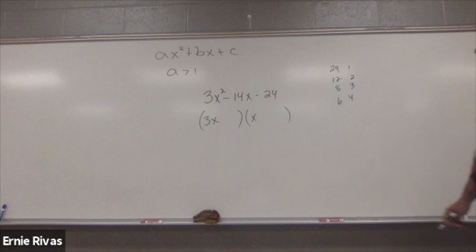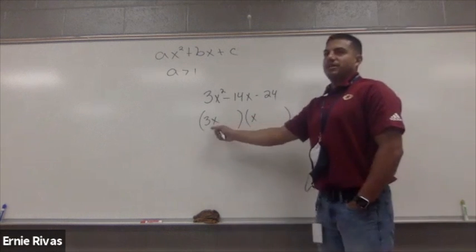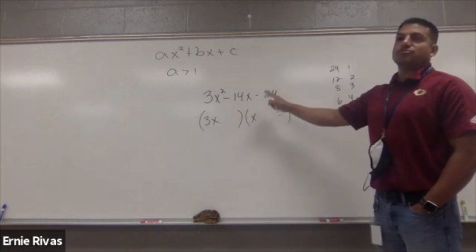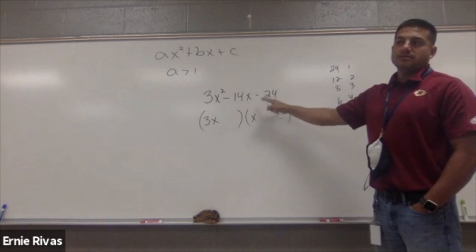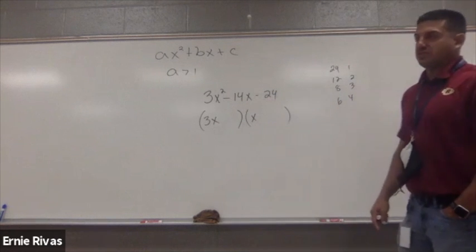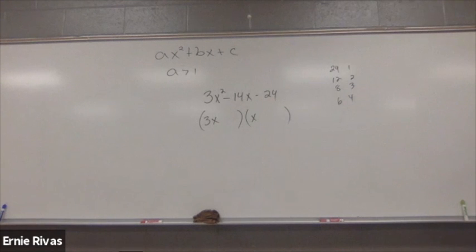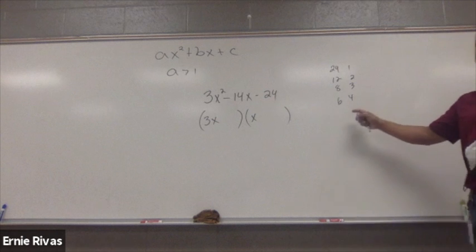We need to get to 14, and we're multiplying one of them by 3. And this time we are subtracting to get to 14, right? Because the signs are different. So which one did you guys find? 6 and 4. So thinking through it, if I multiply the 3 times what? The 6, then I get 18.